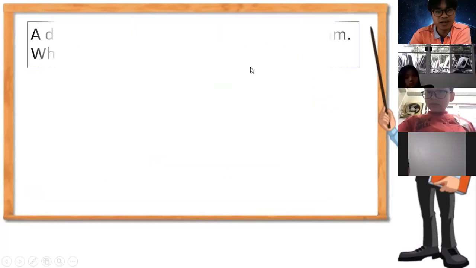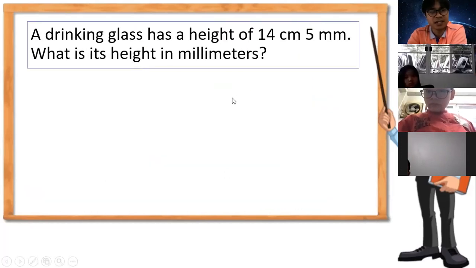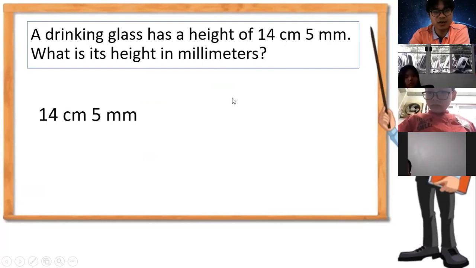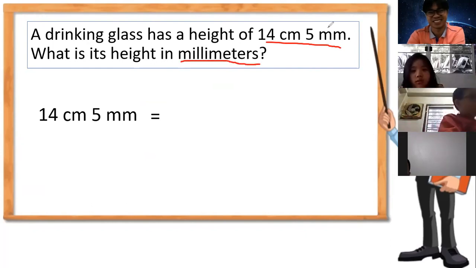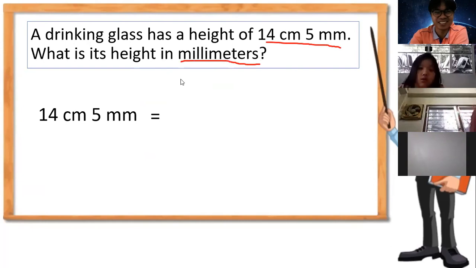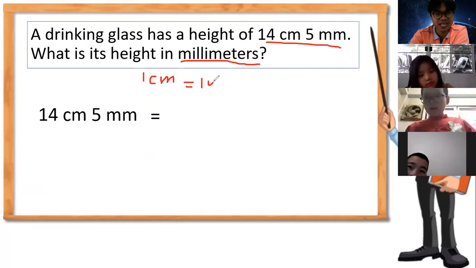Okay, another one here. A drinking glass has a height of 14 centimeters, 5 millimeters. Question: what is the height in millimeters? So 145 millimeters. 1 centimeter equals 10 millimeters, right?